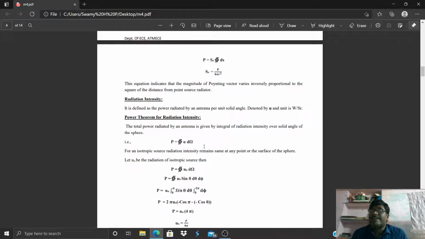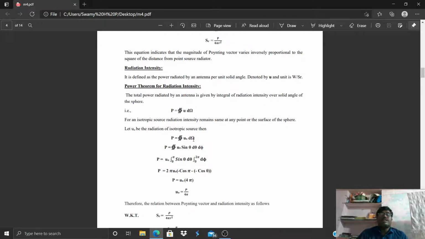SR means square radians, that is called steradian. Now the total power radiated by an antenna is given by the integral of radiation intensity over the beam solid angle of the sphere. That can be represented by power P is equal to the closed surface integral of U d omega, where U is radiation intensity and d omega is the beam solid angle of the sphere.